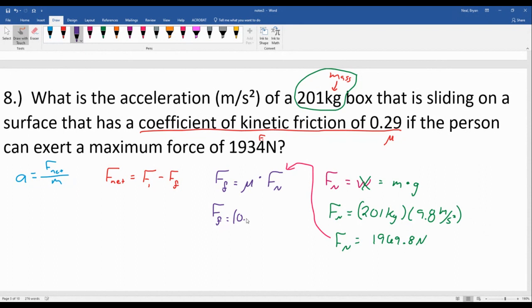Well, mu is 0.29, and the normal force is 1969.8. And lo and behold, as predicted, once we start chipping away at it, we can keep doing stuff and getting places. We multiply these, we get, say, 571.24.